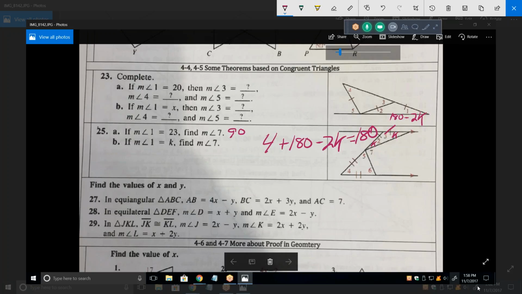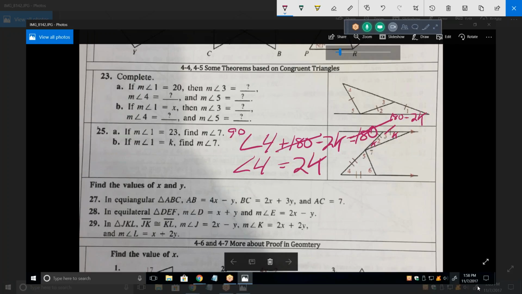So, angle 3 plus angle 4, that's angle 4. Let me think for a second here. 180s cancel, and you get angle 4 equals 2K.